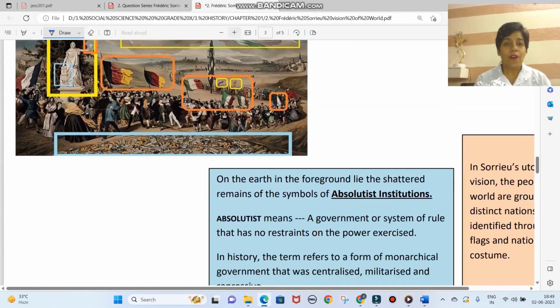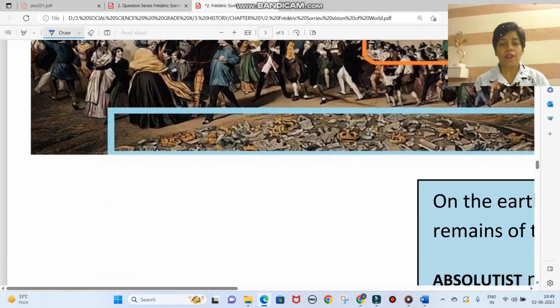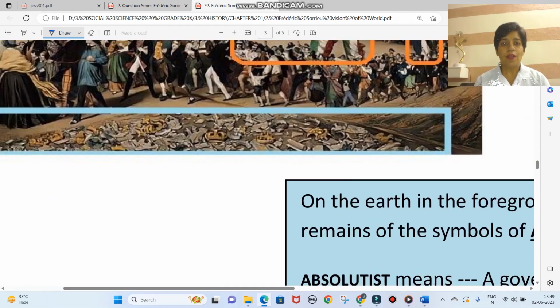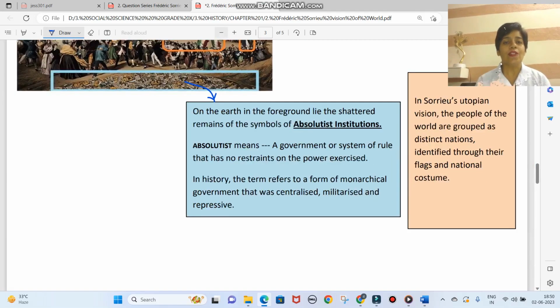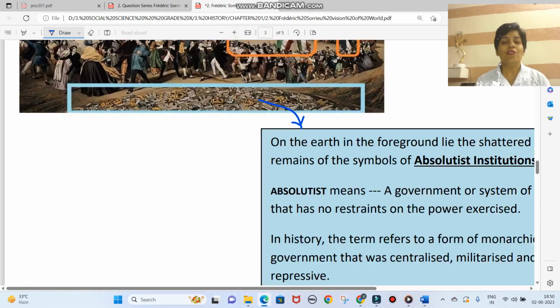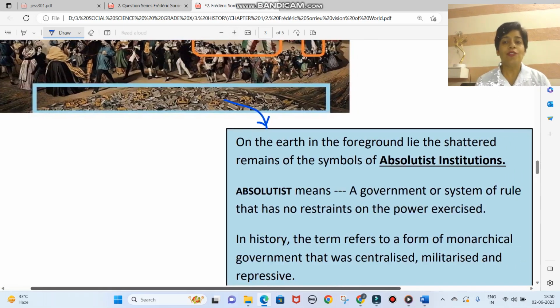Here on the ground, you can see that certain symbols are lying, they are shattered. What is this reflecting? It's actually reflecting the absolutist institutions.